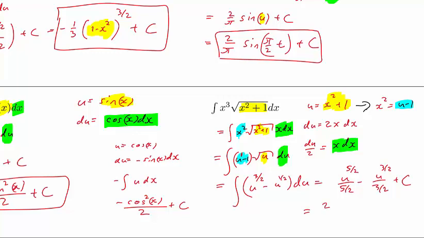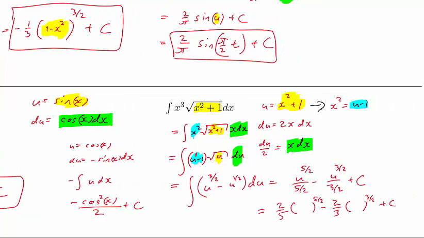And so we've got 2 over 5 times u to the 5/2 minus 2 over 3 times u to the 3/2. All right, and so let's go ahead and plug in our u values there: x squared plus 1, x squared plus 1. And there we are. There we have it.